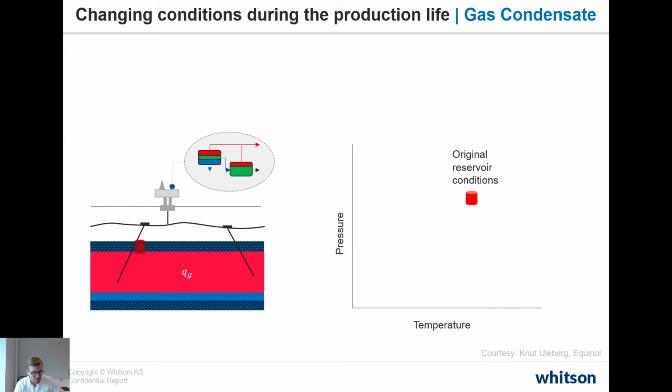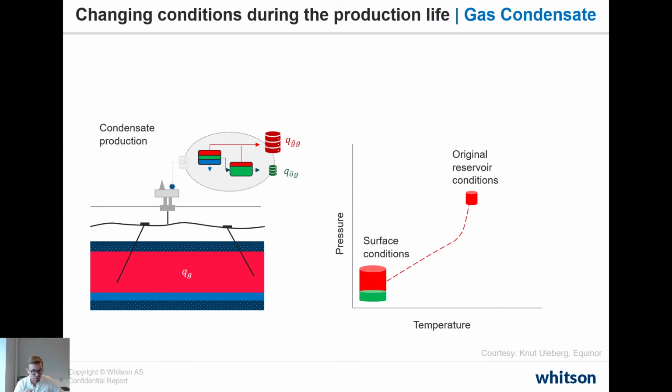So everything in the reservoir is a single phase before it goes into the surface facilities. And we obtain two surface products, again a surface gas originating from reservoir gas, and a surface condensate originating from the reservoir gas.